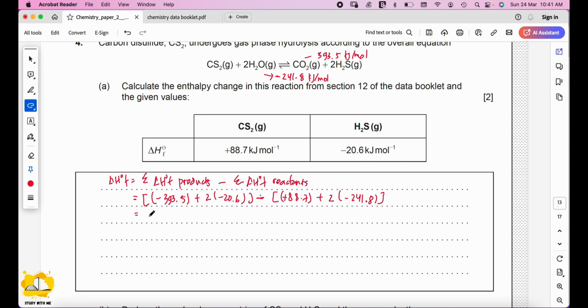So you will get negative 434.7 minus, again minus 394.9, and you will get negative 39.8 kilojoule per mole.